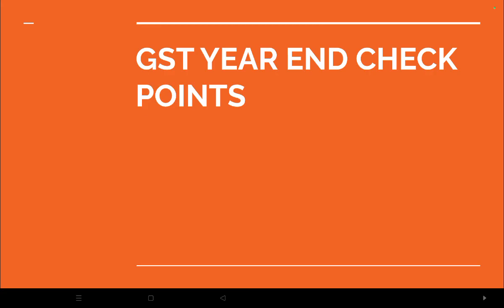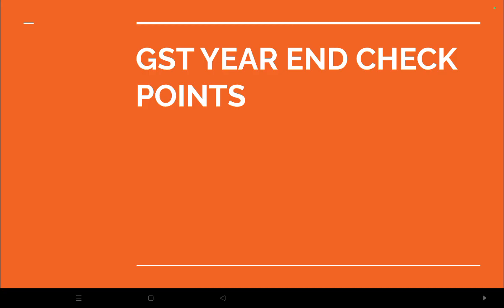This may help us indicate if any amendments are required to the GST returns, turnover plus taxes including RCM. Then the rate-wise reconciliation: if we have multiple rates, then we have to do rate-wise reconciliation so that our books tally with our GSTR 1 returns.